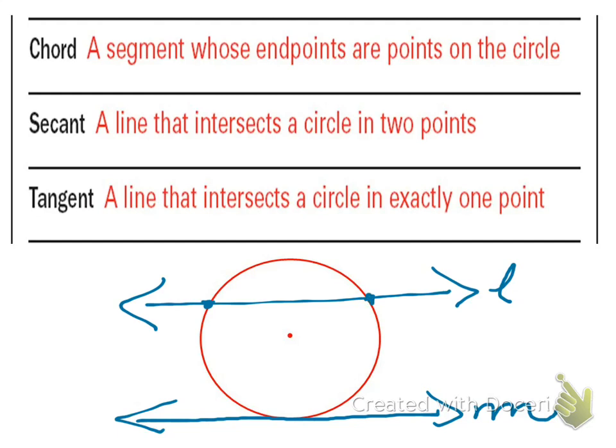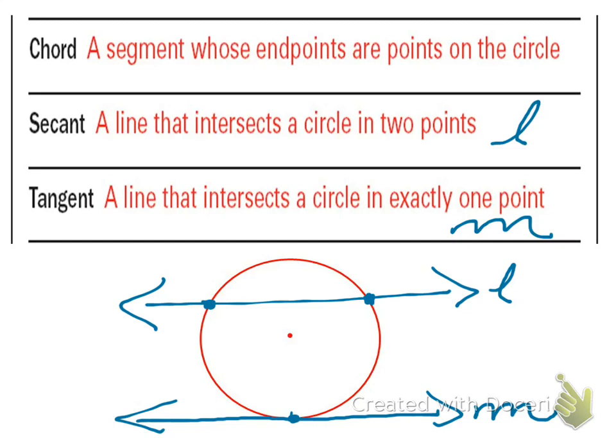It's not tangent. It intersected the circle twice. Line L is a secant because line L intersects the circle twice. Okay? So line M would be what, Dion? Line M would be a tangent because line M intersects the circle one time.